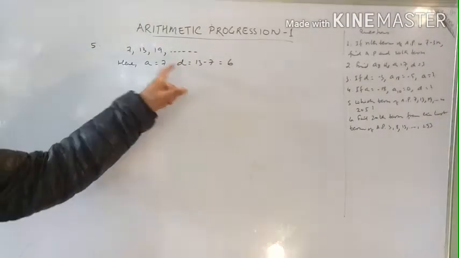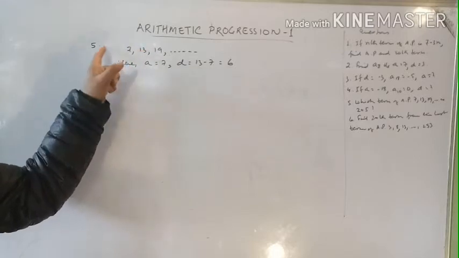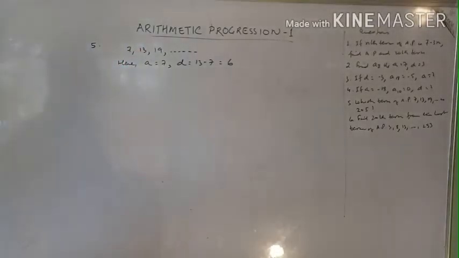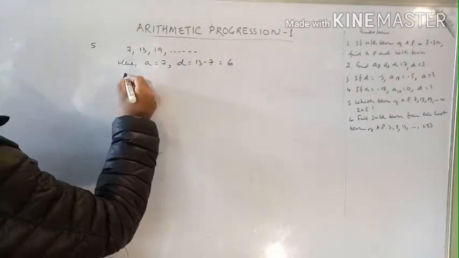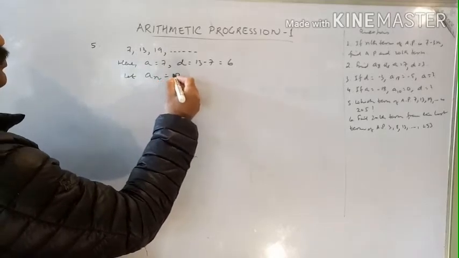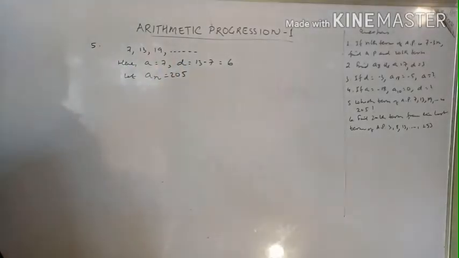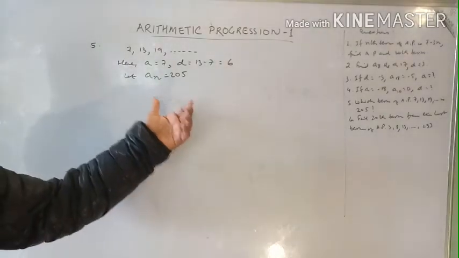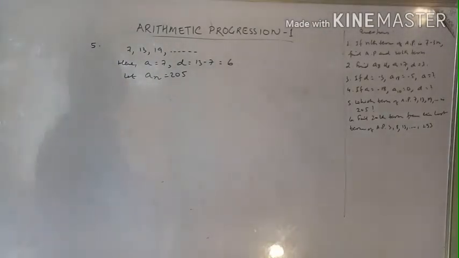Now when you find D, always subtract backward: 13 minus 7. Now, which term is 205? Let the nth term be equal to 205. We have to find the value of n, which will give you the required term.